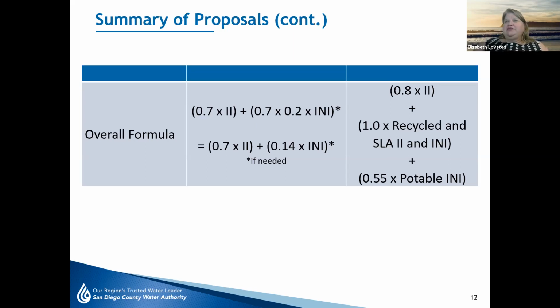Aqua's counter proposal and the water agencies' proposal is to keep it at 0.8 for all irrigated areas, have special landscape areas at 1.0, and then for any irrigable, not currently irrigated areas, you put that down at the lower 0.5. Next slide, please.